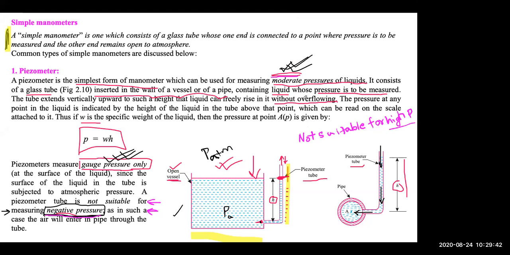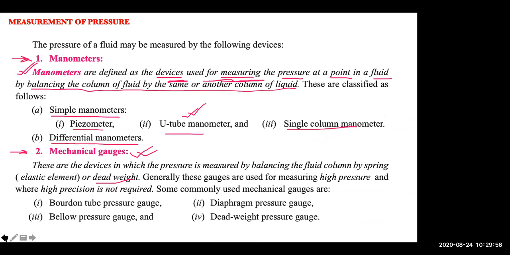I hope you all have noted this. This previous slide also you note down. What are the pressure measurement devices? Manometer is there, mechanical gauge is there. In manometer you have two types, simple manometer and differential manometer.